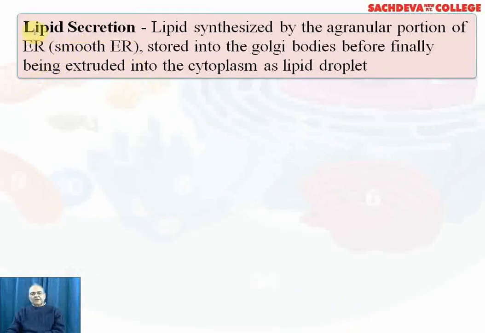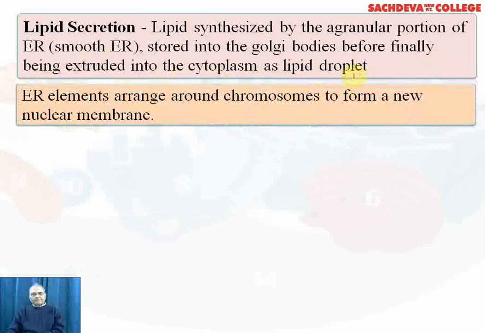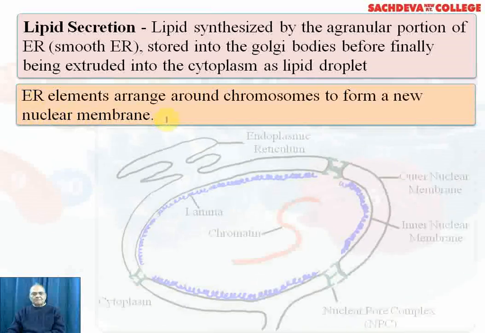Lipid secretion. Lipid synthesized by the agranular portion of ER, that is smooth endoplasmic reticulum, is stored in the Golgi bodies before finally being extruded into the cytoplasm as lipid droplets. ER elements are arranged around the chromosomes, and they help in providing a new nuclear membrane after every division.